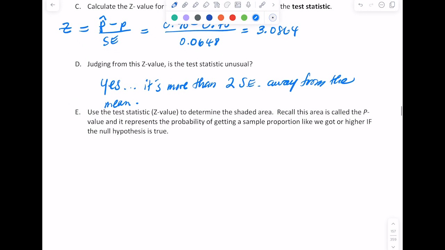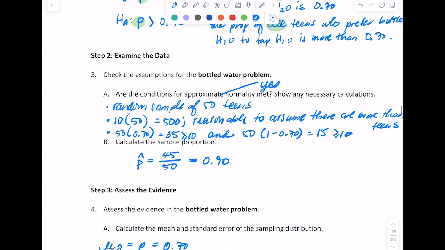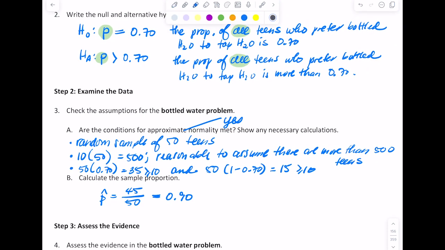Okay, we're going to use the test statistic to determine the shaded area. So what we're doing is we're finding the probability that z this time is going to be greater than 3.0864. So why greater than? Because I always go back and look at the alternative hypothesis, which uses greater than.